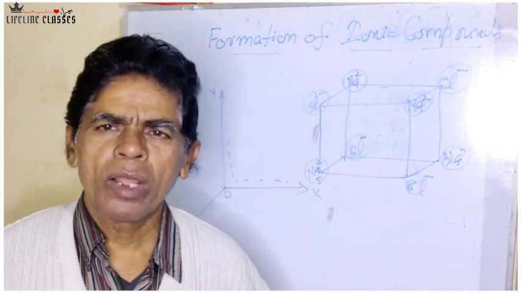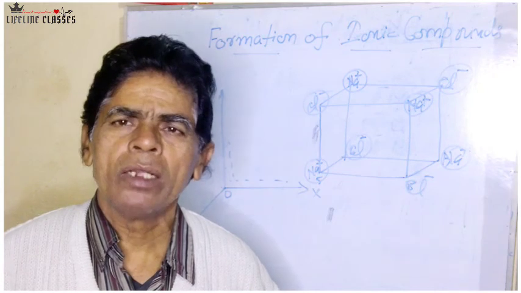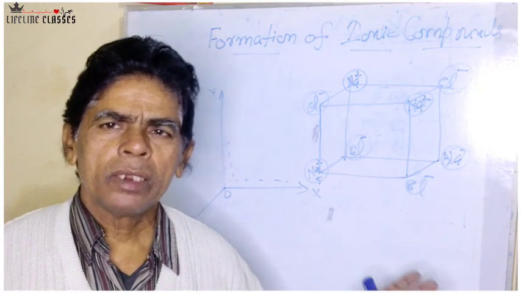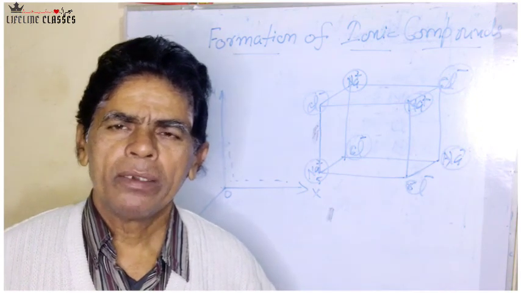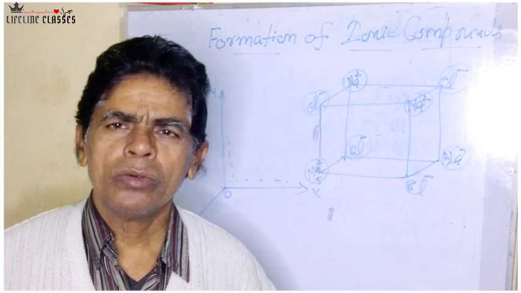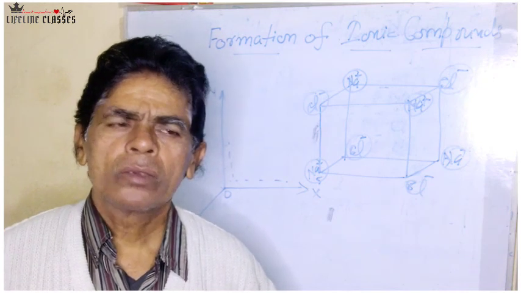Whatever be the shape of ionic solids, it represents the crystalline structure, and sodium chloride, just like copper sulfate, KCl, MgCl2, CaCl2, all are crystalline solids.